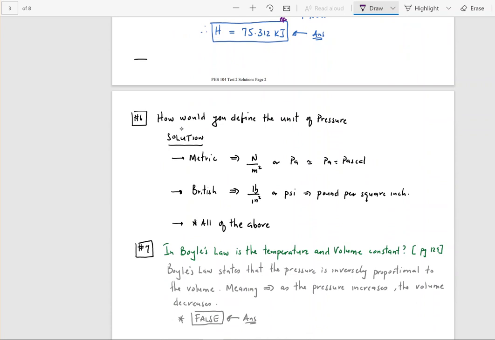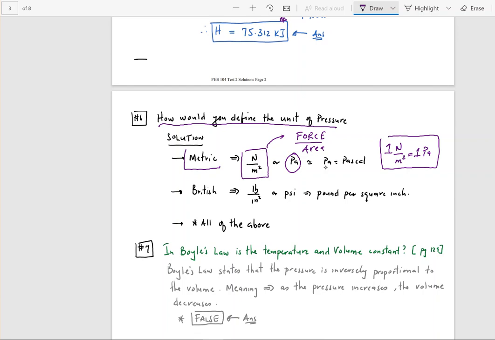Number 6, how would you define the unit of pressure? The unit of pressure in metric can be Newton divided by meter squared. Newton is a unit of force, and meter squared is a unit of area. It can also be written as Pascal, so 1 Newton per meter squared equals 1 Pascal.